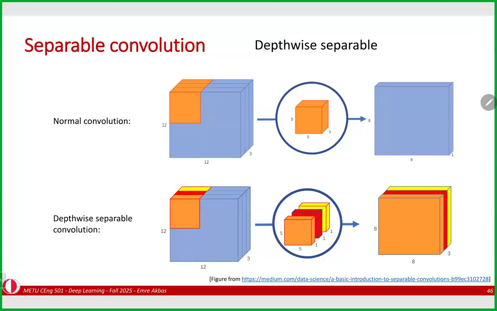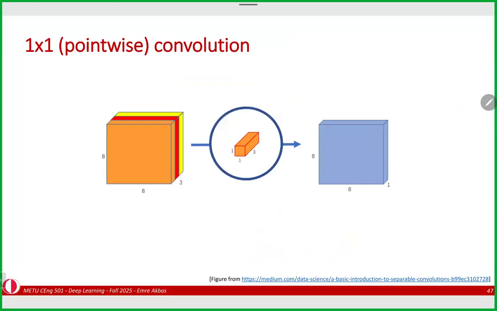But so far it's not interesting because it's the same number of operations, it's very similar. Let's introduce 1 by 1 point-wise convolution, and then we will combine depth-wise and 1 by 1, and that will make a difference. So 1 by 1 convolution is also called point-wise convolution.